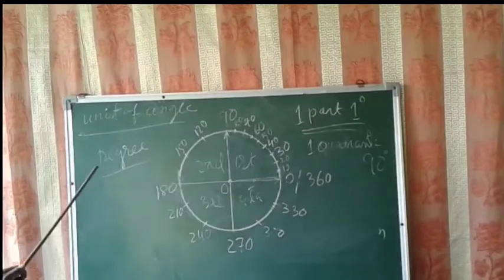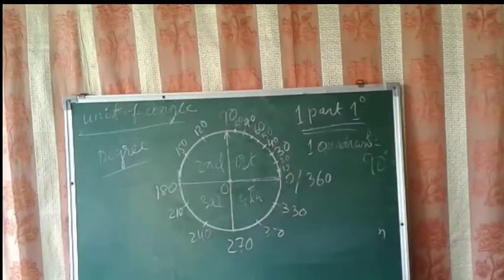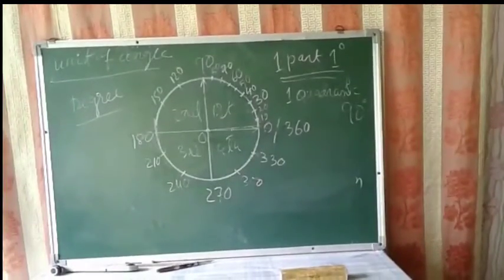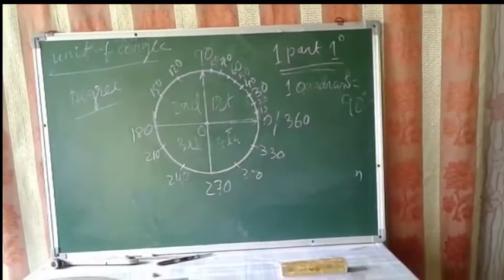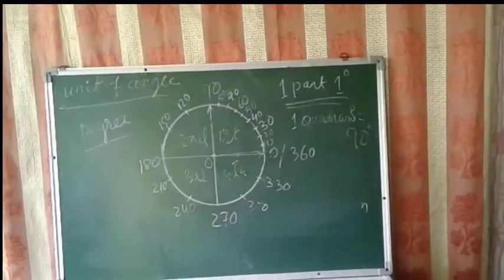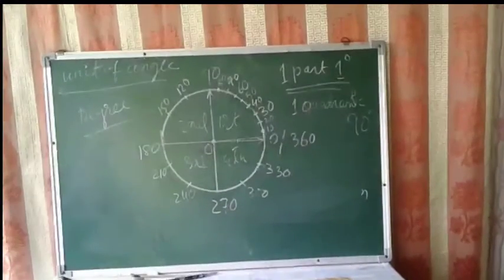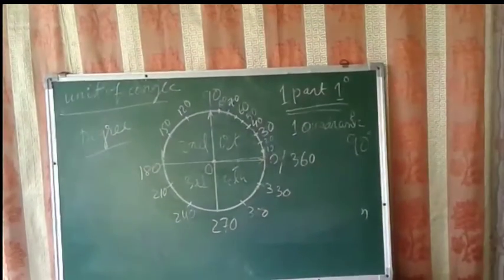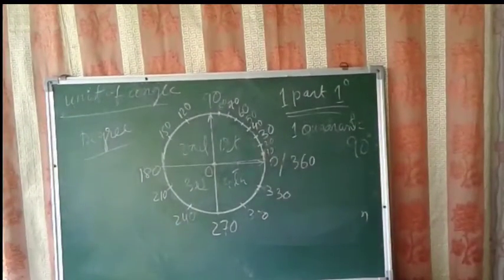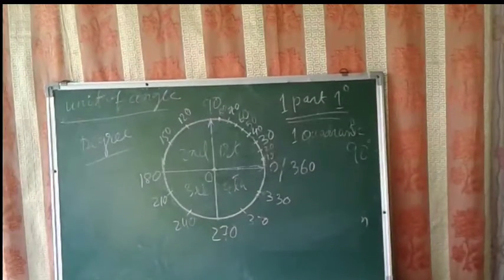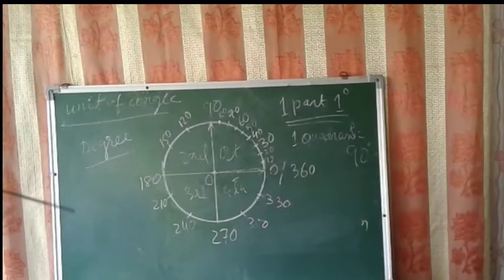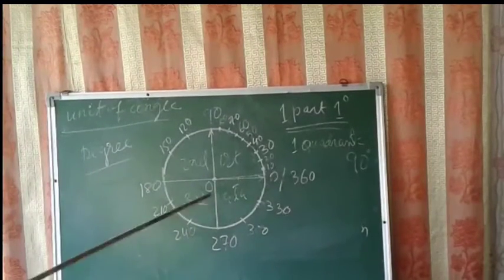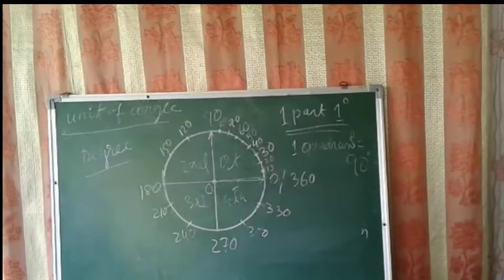So the unit of angle is degree. Students, today you have learned about what is an angle, degree of angle, the unit of angle being degree, interior and exterior of an angle, and naming an angle.